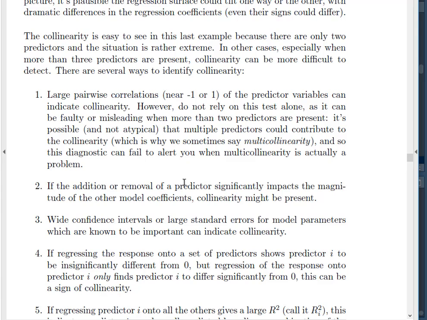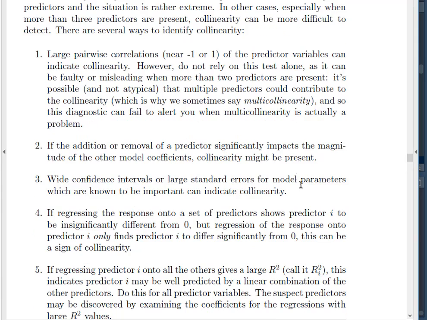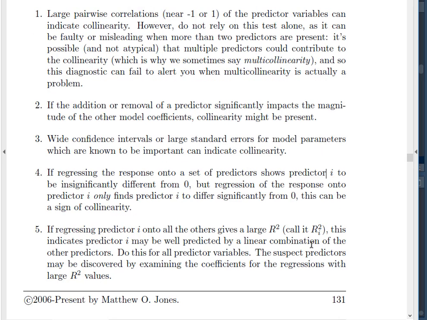Second, if the addition or removal of a predictor variable significantly impacts the magnitude of the other variables, collinearity might be present. Number 3, suppose that there are some predictor variables that based on experience, should be included in your model. And so therefore those corresponding model parameters should not be deemed insignificant and thrown out.